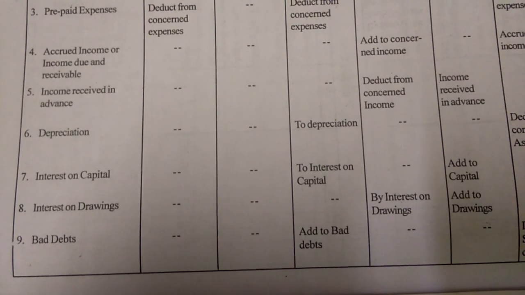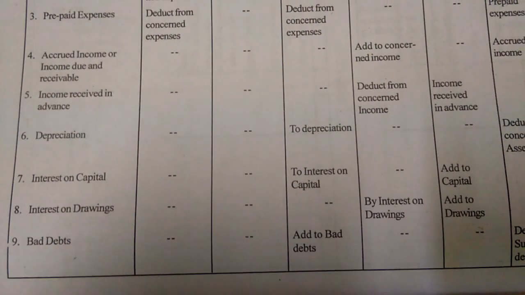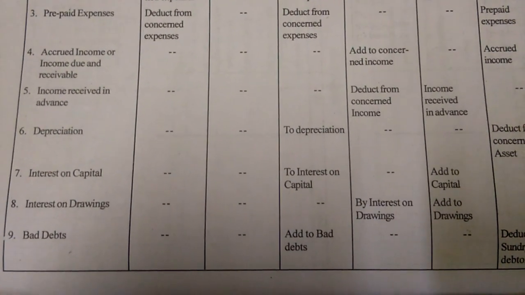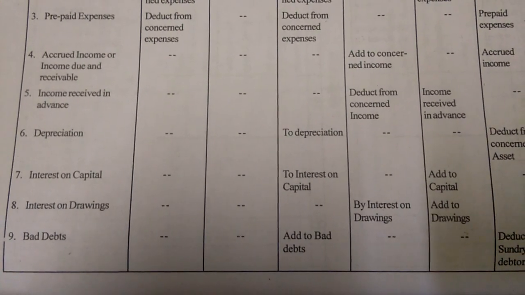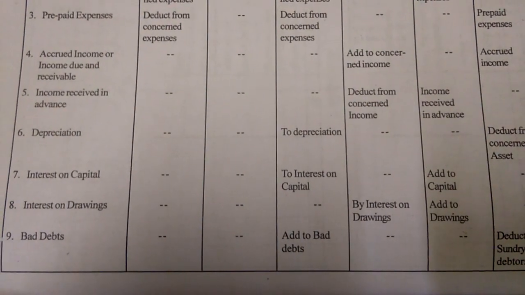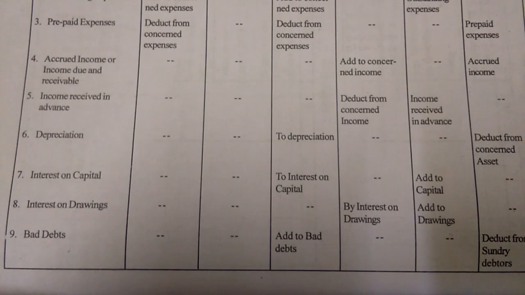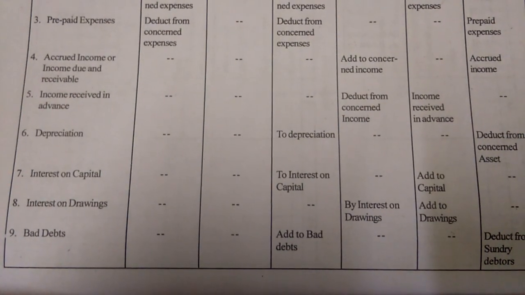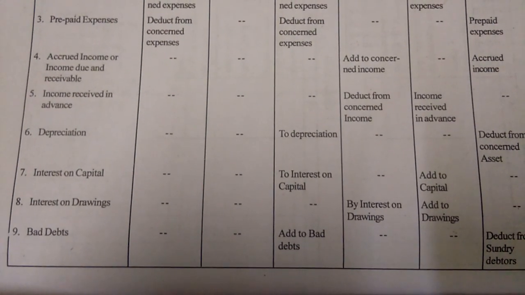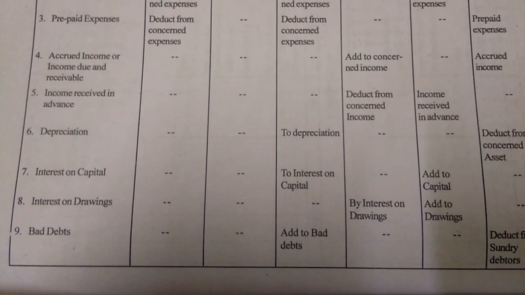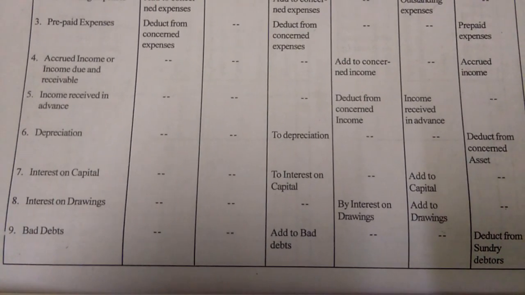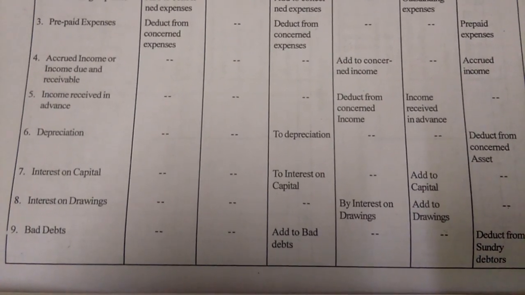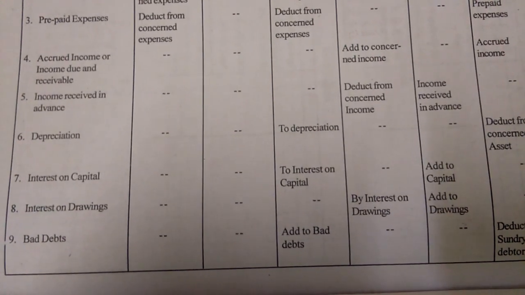And eighth point, interest on drawings. It is credited in the profit and loss account and added to drawings. Drawings and interest on drawings both are deducted from the capital in the liability side of the balance sheet.